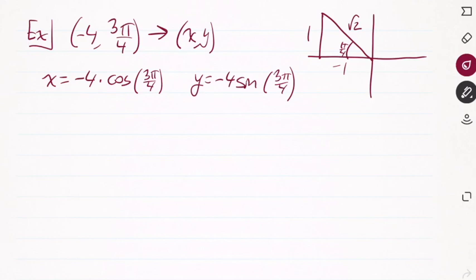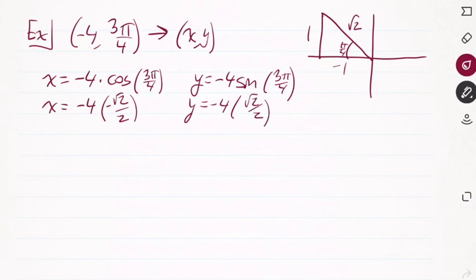So if we went this route and ignored the -4 and just concentrated on the 3 pi over 4, x is equal to -4 cosine of 3 pi over 4, which would be -1 over square root of 2, also known as negative square root of 2 over 2. The y would be -4 sine, opposite over hypotenuse, which would be positive square root of 2 over 2.